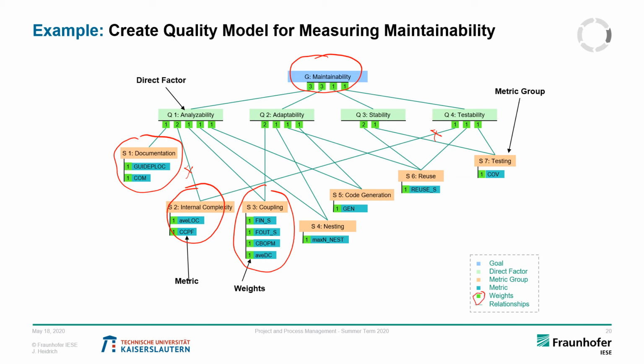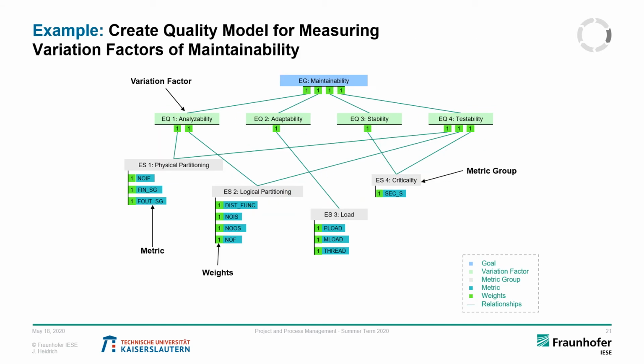So basically it defines how important one such subgroup of metrics is for the factor. So in the case of analyzability, for instance, the factor internal complexity is twice as important as all the other factors. Or here on the top, the analyzability and the adaptability are 3 times as important as the other 2 factors, stability and testability.